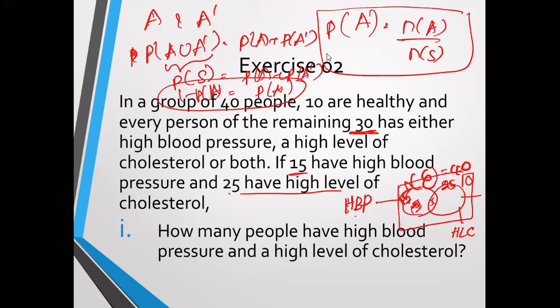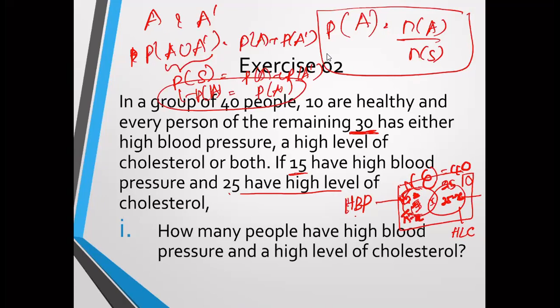That 15 includes this X as well. There are 25 people who have cholesterol. That 25 includes this X. X means the number of people who have both diseases. Therefore, this region can be written as 25 minus X. This is 15 minus X.